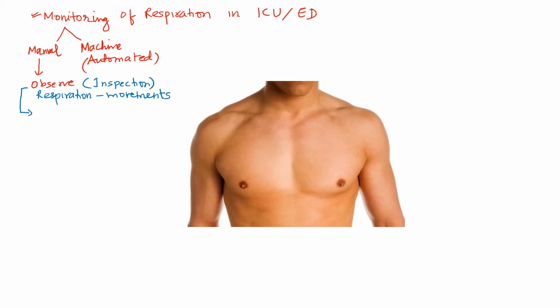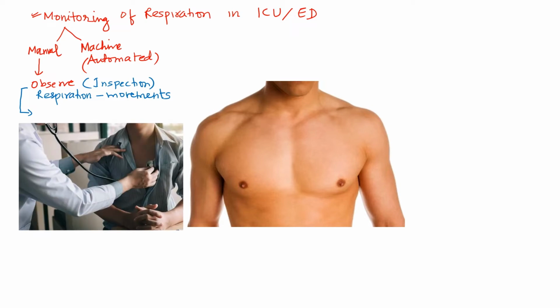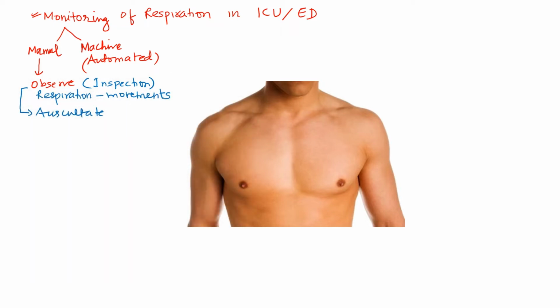And another way is that we put a stethoscope and auscultate over the chest. So we auscultate over here, over here, or at the bases here, at 6 places, and even on the back also we can auscultate and count the respiratory rate. The unit of RR is breaths per minute.